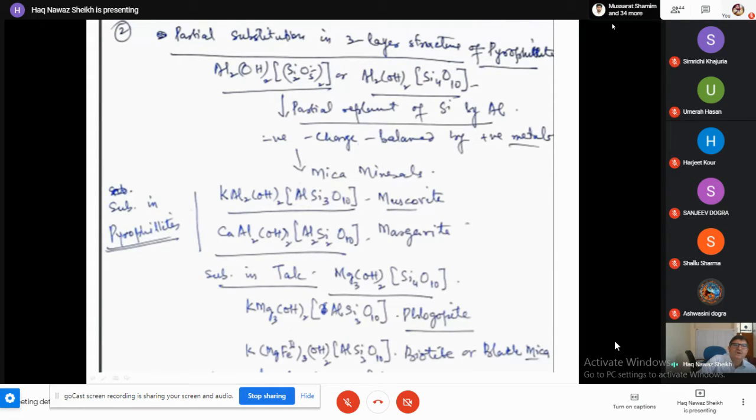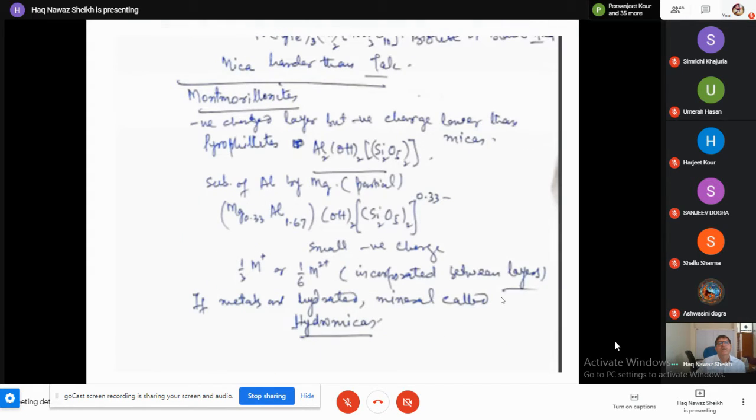And then when you do partial replacement of silicon in the talc or in the pyrophyllite, you get the micas. Two examples are muscovite and margarite from pyrophyllite, and phlogopite and then biotite, or black mica, in the case of talc, by partial substitution.